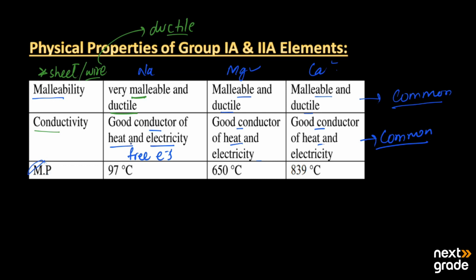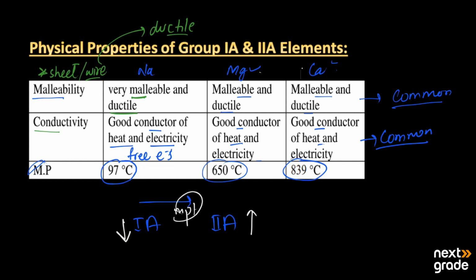The melting point of sodium is 97 degrees Celsius, magnesium 650, and calcium 839. So when we move from group 1A to group 2A, the melting point of group 1A elements is low and group 2A is higher. It means the bonding in magnesium and calcium is very strong as compared to sodium.